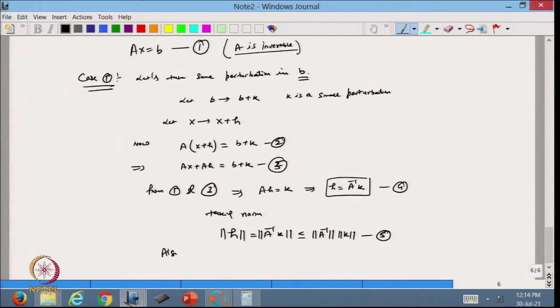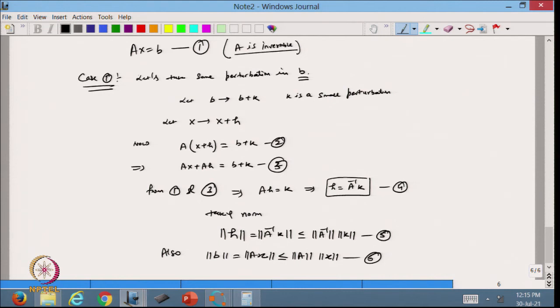Also I know that the norm of b is equal to the norm of Ax, and that is less than or equal to the norm of A times the norm of x, which we also know.